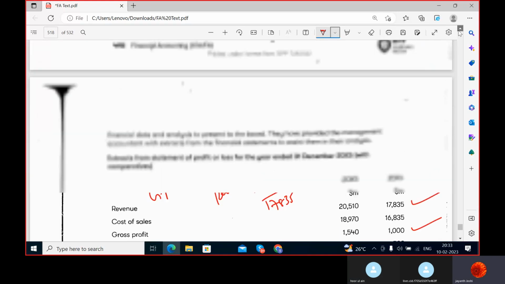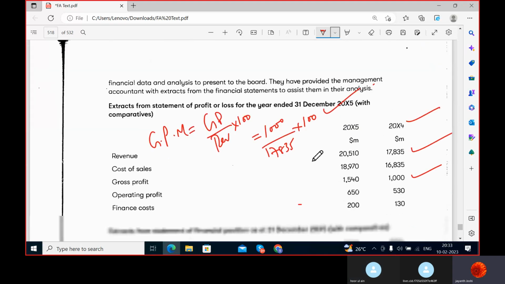Okay, now this 5.6% is for the previous year.